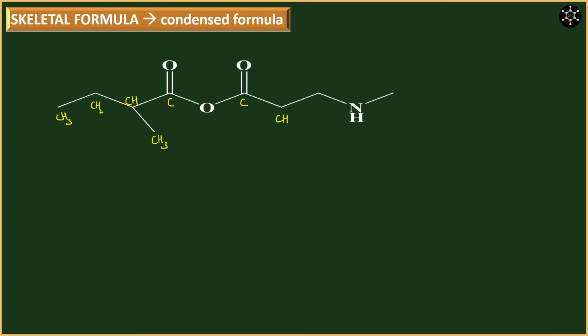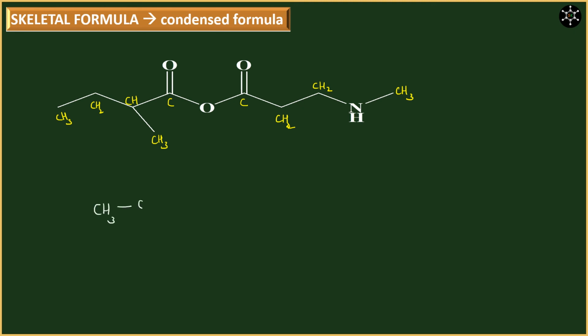This is CH2. For the same reason, this is also CH2. On nitrogen, we have 1 hydrogen atom and 1 carbon atom. This carbon has 1 bond. So the remaining 3 must be hydrogen. So CH3.